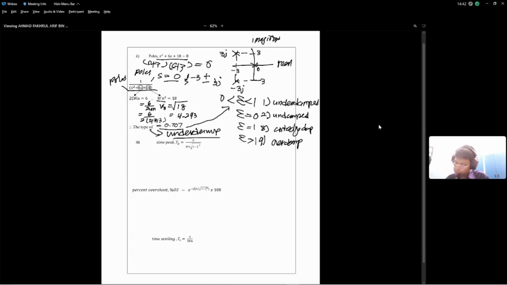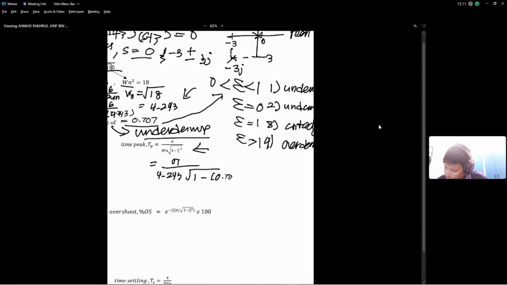Okay, next question is to find time peak. This is the formula we need to remember, and then we just fill in the formula. Pi over Wn. Wn is this one, we already found this, 4.243, then pi over 1 minus 0.707 squared.